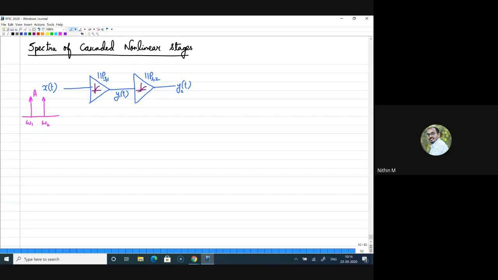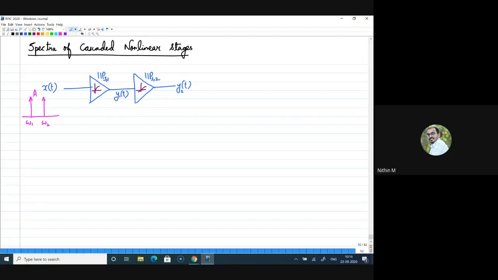For a cosine wave of amplitude A, it should actually be A by 2, but for simplicity we are just writing it as A. Or we can add that half when we draw. So this is the input signal at x of t.